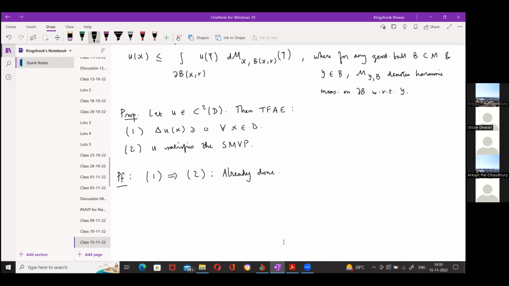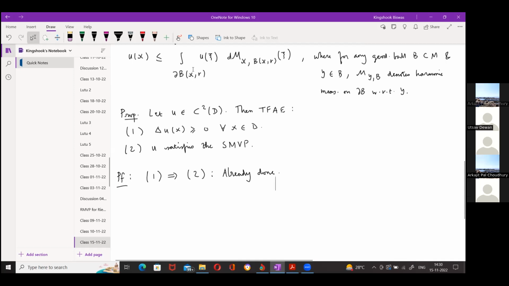And then if you take any geodesic ball around a point x, you let H be the solution of the Dirichlet problem with boundary values equal to U on the boundary of the ball, right?